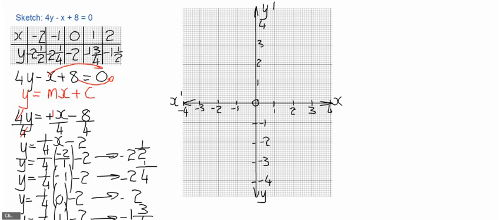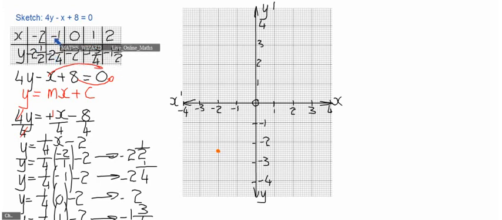So on my graph, approximately it should be over here. As you can see, at that point my x is -2 and my y is -2 and 1/2. That's my first coordinate.